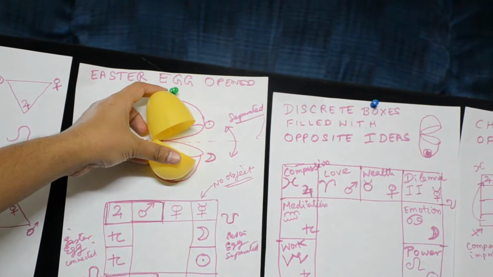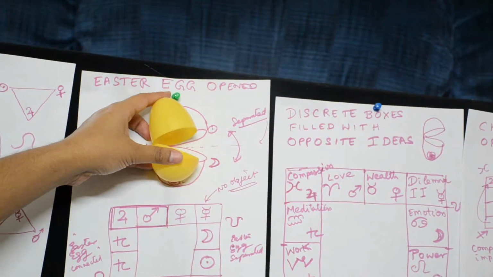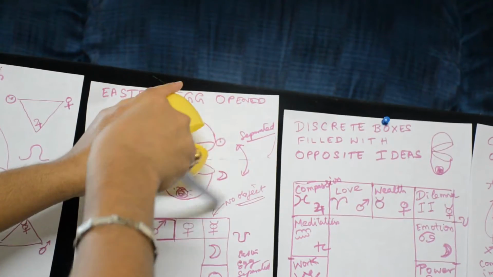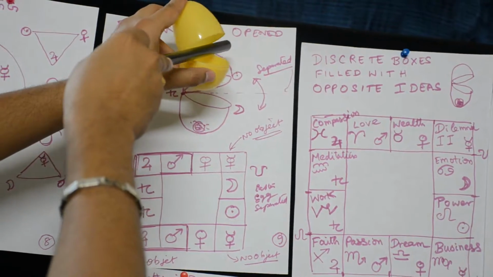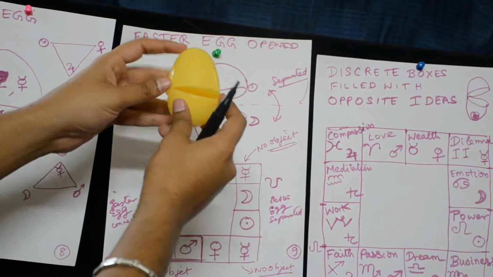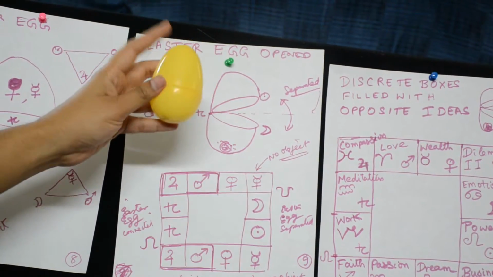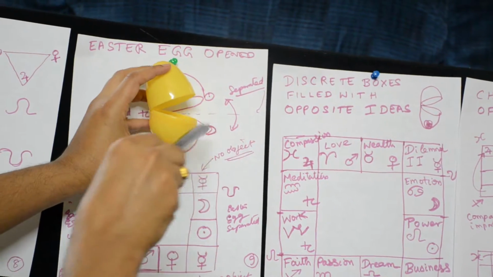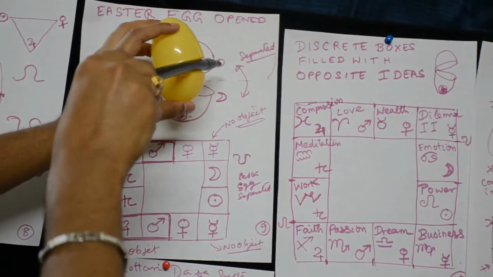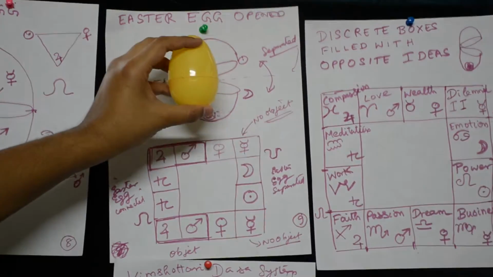It's symbolic, wherein what I am trying to say is, if you try to have something in between, it tries to open up. But if you don't have anything in between, only then you can connect the two halves. So the two halves, if you try to put something in between, it opens up, but when you remove it, you can connect it.